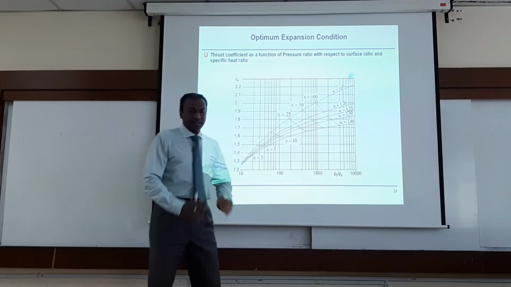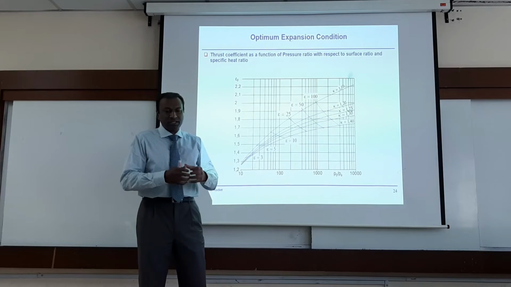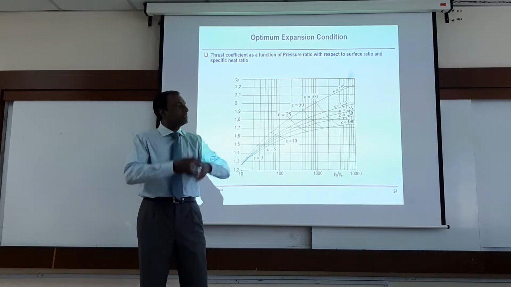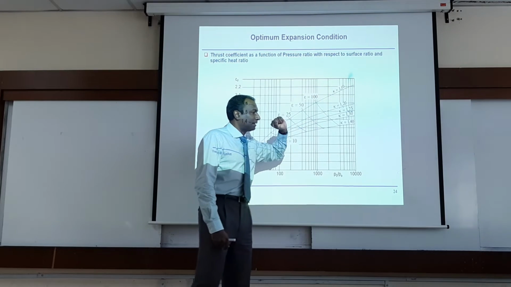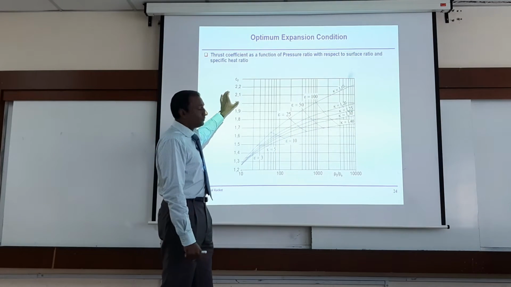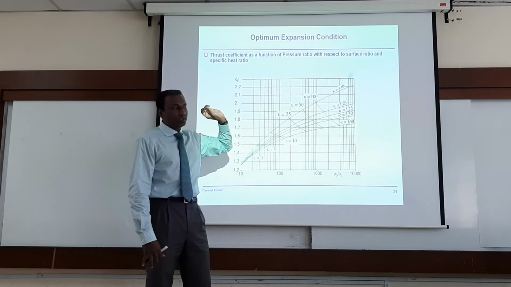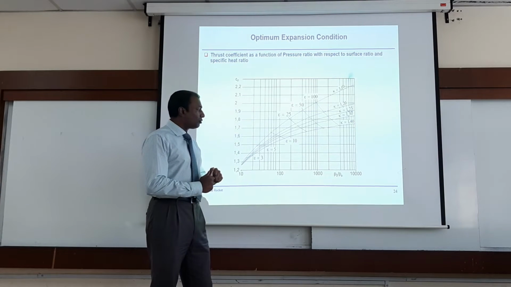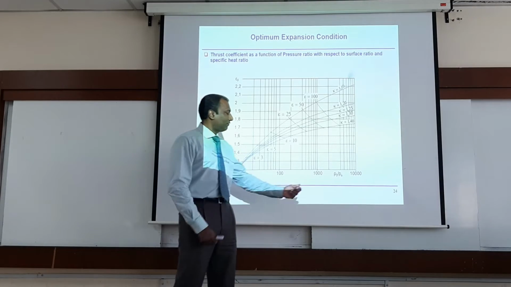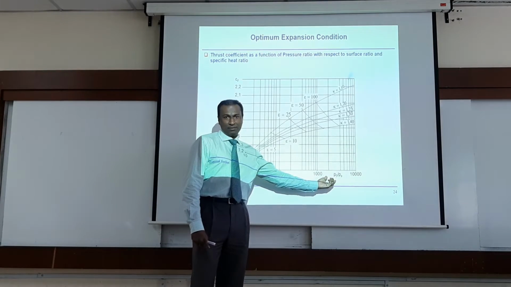Practically you can control the volume, but you need to let the pressure evolve. Therefore, when you have a smaller kappa, you should have a good thrust coefficient. This is important to understand. Now, it doesn't always mean that you can achieve a very, very high PO/PE.